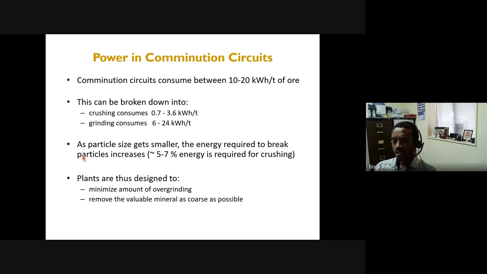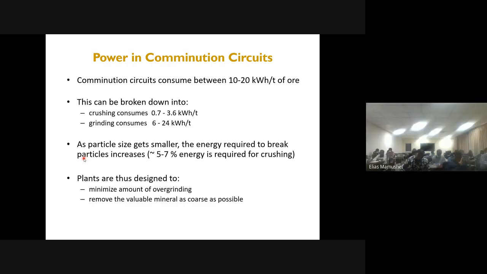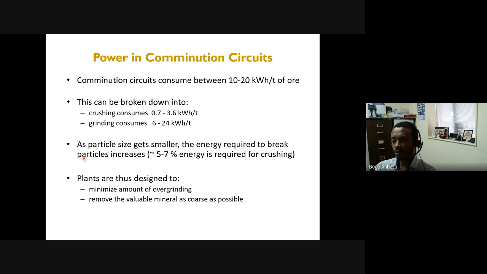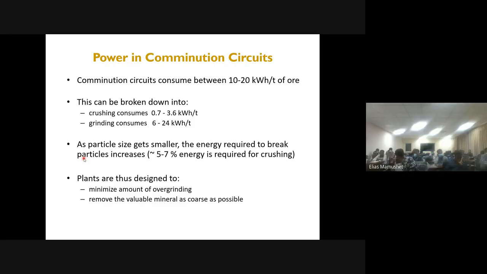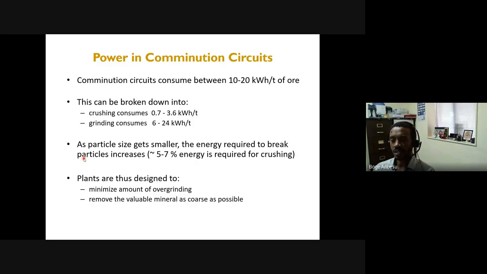And the other thing people are looking at is, if I do not need to grind something to finer pieces, then I have to avoid it. So try to remove your mineral at its coarse stage, if possible, so that you don't have to crush it and grind it into smaller particles, because we know that becomes energy intensive.